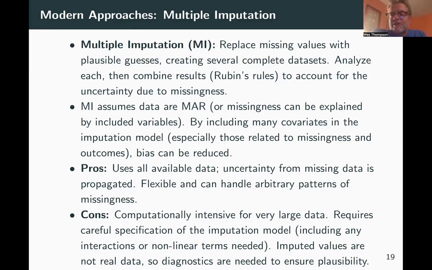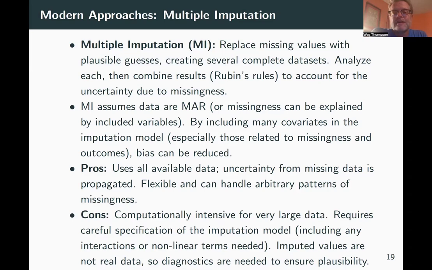So, other more modern approaches to missing data include multiple imputation, and this is where you basically replace missing values with plausible guesses from a model, and you do that multiple times. Hence the multiple imputation. The reason why you do it multiple times is because there's essentially some randomness in the imputation, and to account for the randomness you do it multiple times to see how much the imputed values vary from imputation to imputation and how much of an impact it has on your analysis.